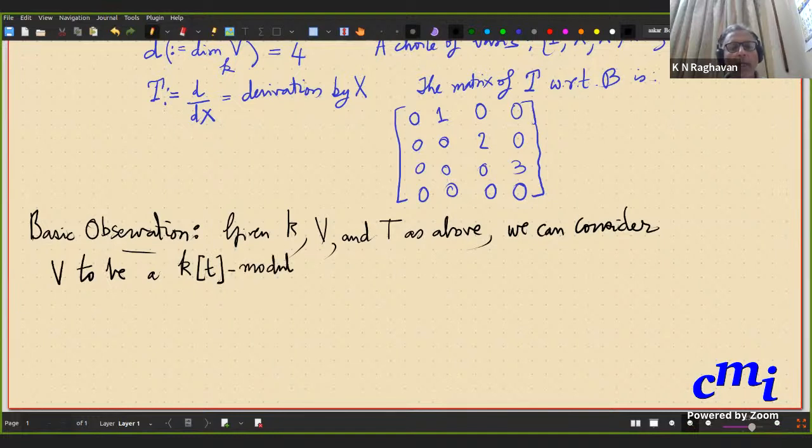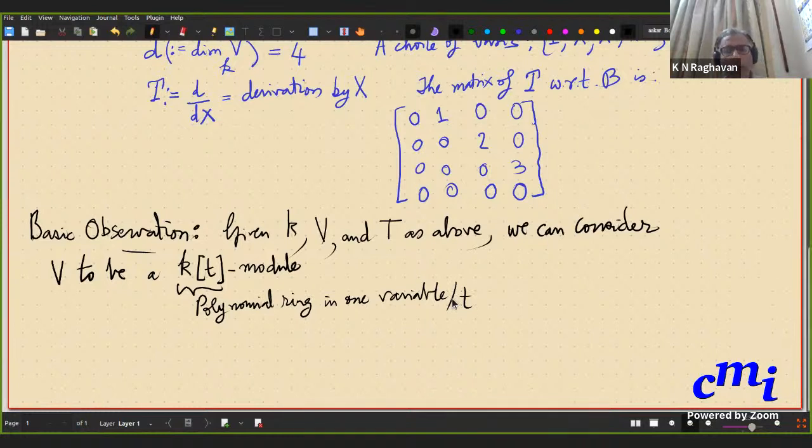This is a polynomial ring in one variable in T, which means it consists of all polynomials in T with coefficients in K.